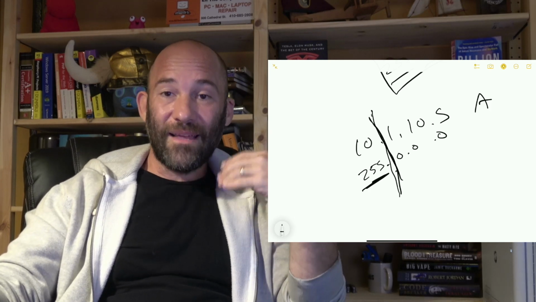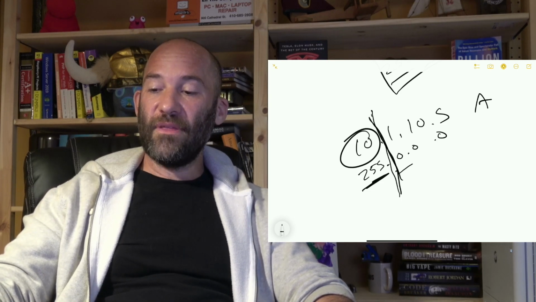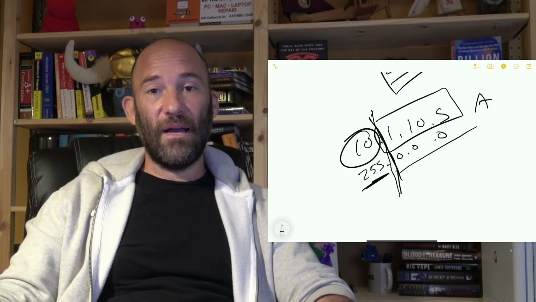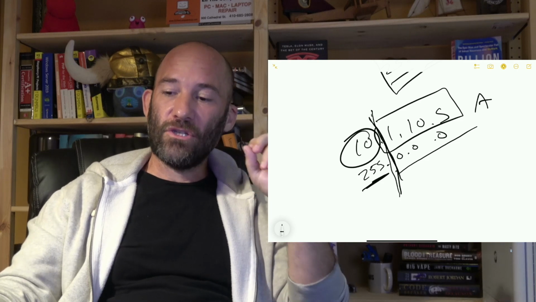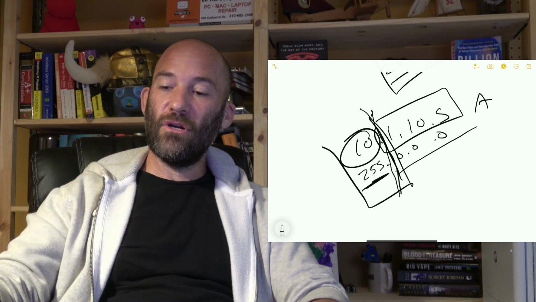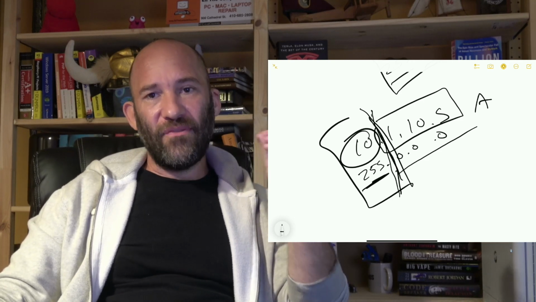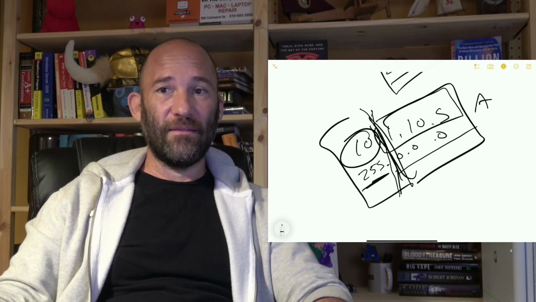So everything that is above the 255, that is the network identifier. Everything that is 0.0.0, that is the computer identifier. And so very simply, what the subnet mask shows you is where the network identifier ends and where the computer identifier begins.